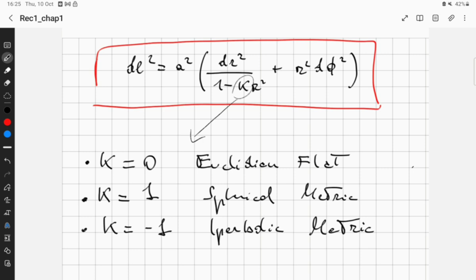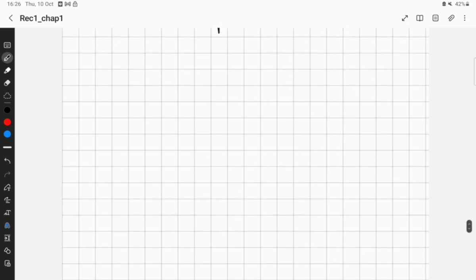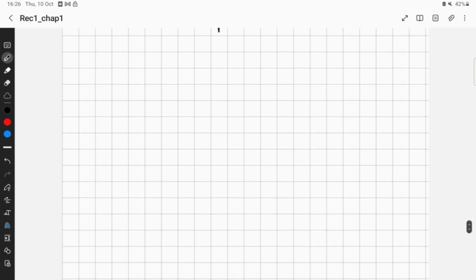Also, we can give a definition to this a, which is the expansion factor. a is the expansion factor, which describes the expansion of the universe as a function of time.